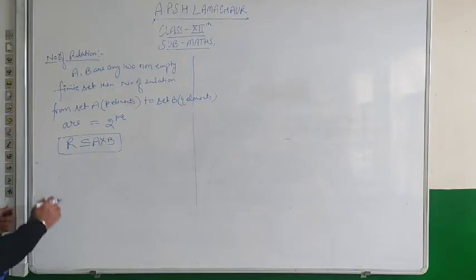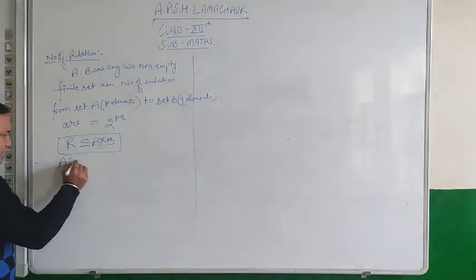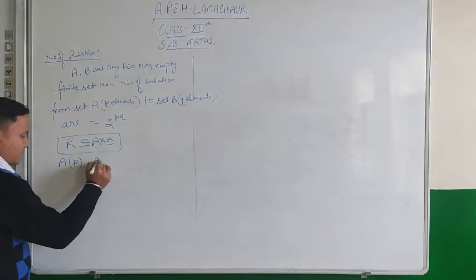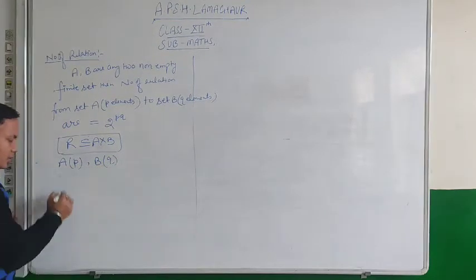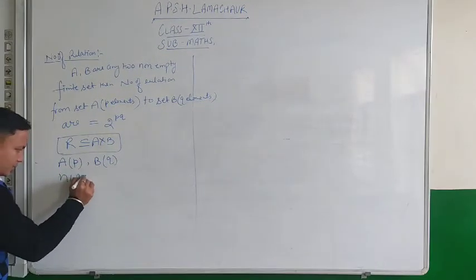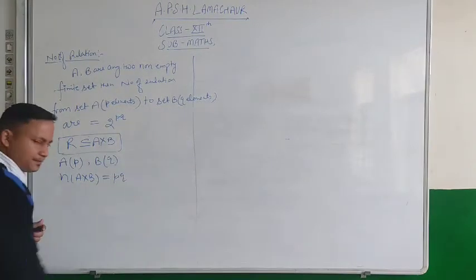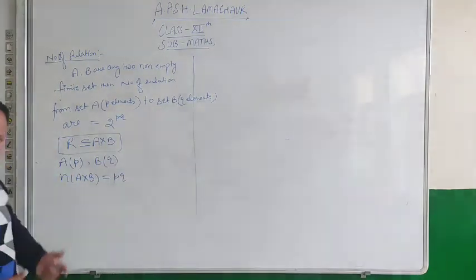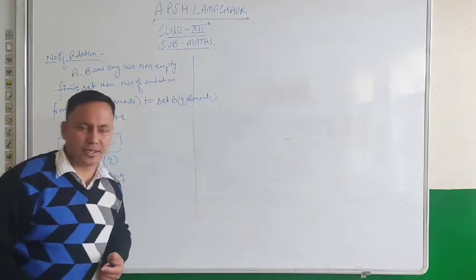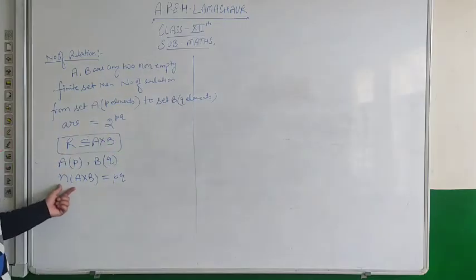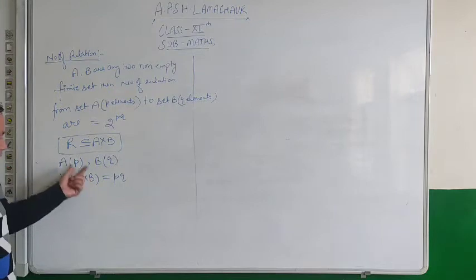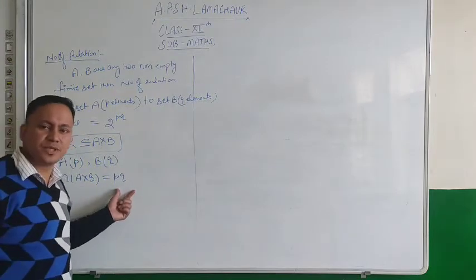So dear student, as you know, set A having P elements and set B having Q elements. So number of elements in the Cartesian product of A cross B will be PQ. Yes or no? अगर set A में P elements है और set B में Q elements है, तो number of elements in Cartesian product A cross B कितने हो जाएंगे? P multiplied by Q, that is PQ.